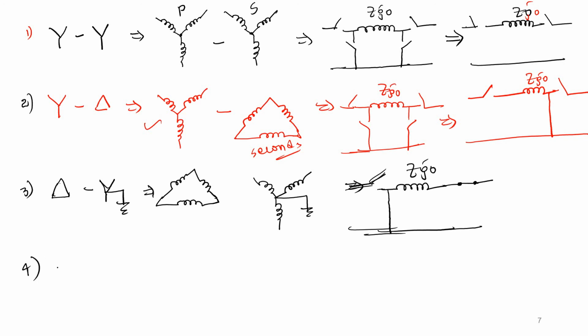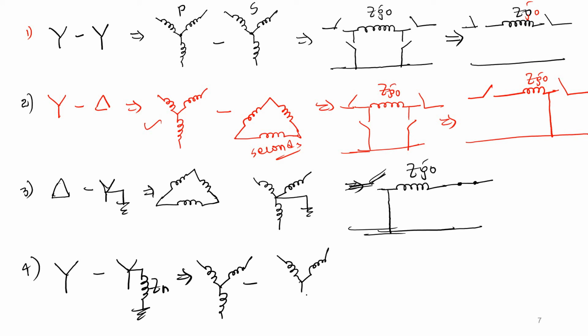Now the fourth one. Consider this side as a star connection and this side as a star with reactance grounded. Let us take the impedance Zn here. This can be represented by a star connection ungrounded, and a star connection with the neutral grounded through a reactor having impedance Zn. Then in the circuit, along with Z0, we need to add one more impedance.